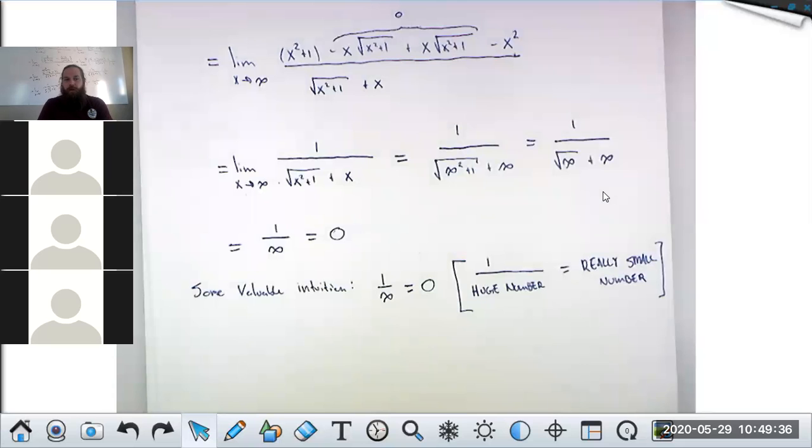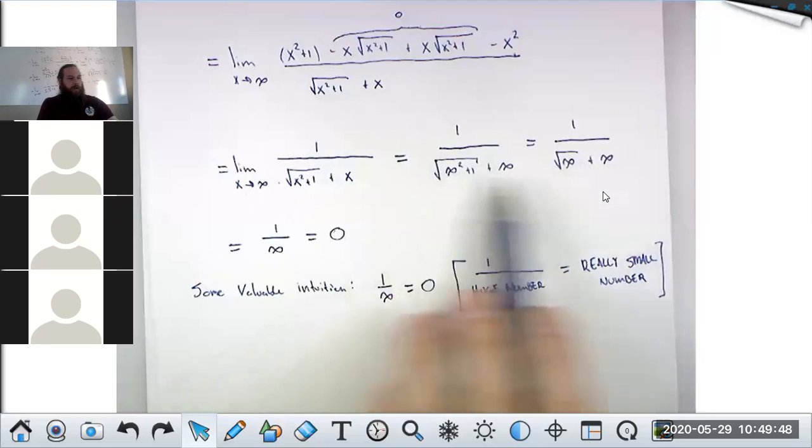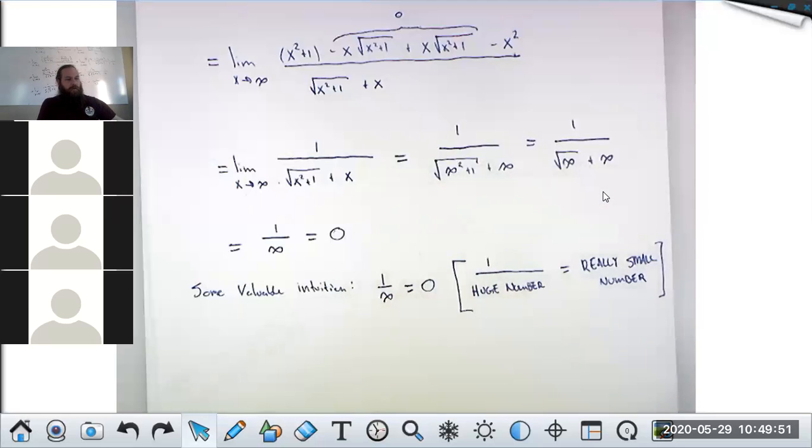Tell me a little bit what you're thinking. Anything. That is interesting. It's very true. 1 over a huge number is a really small number. And what about this kind of bizarre arithmetic with the infinities? How do we feel about this? I find that a little strange. Yeah, definitely strange, but you know, practice, there you go. Practice fixes everything. That's true.